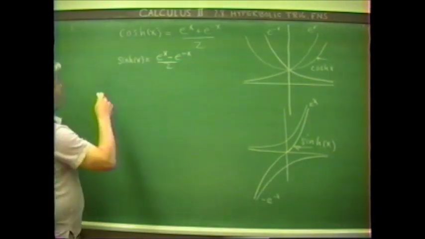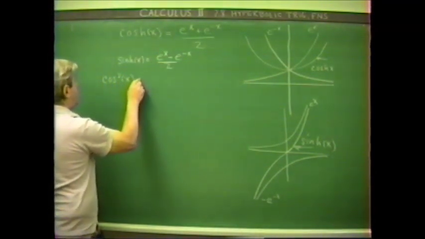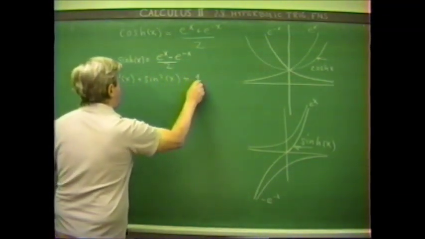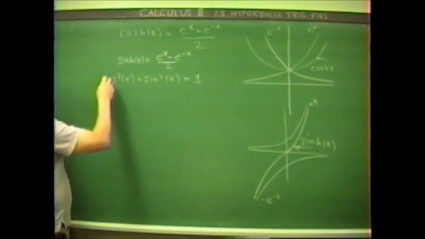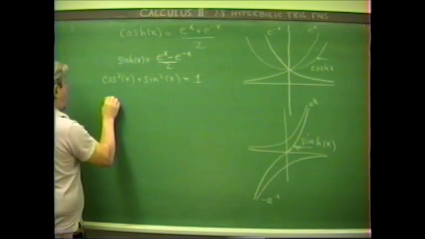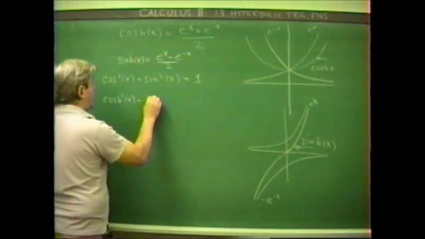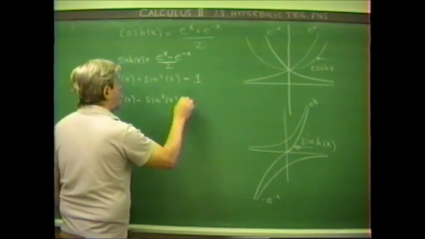All right. Now for the ordinary sine and cosine function, you have cosine squared of x plus sine squared of x is equal to 1. For the hyperbolic sine and cosine function, what you have is that hyperbolic cosine squared of x minus hyperbolic sine squared of x is equal to 1.